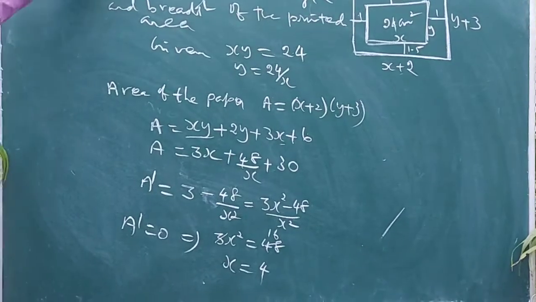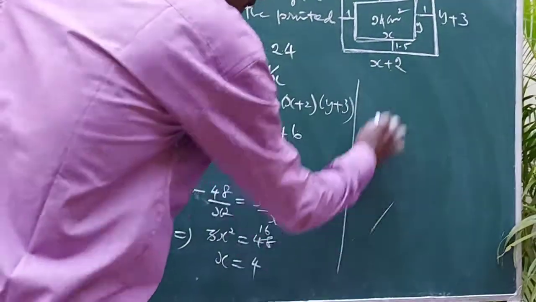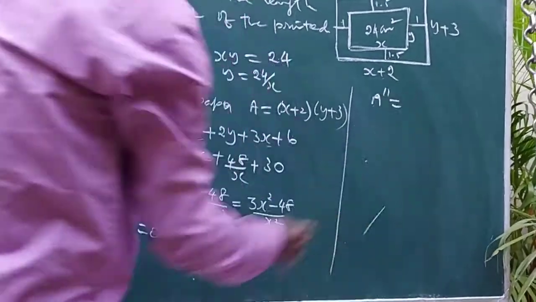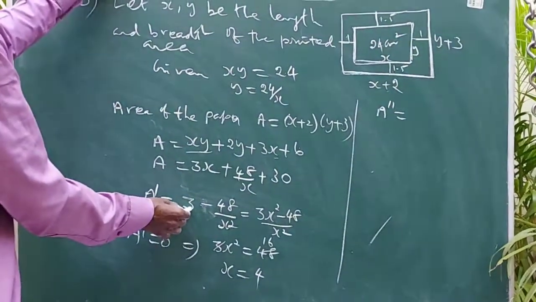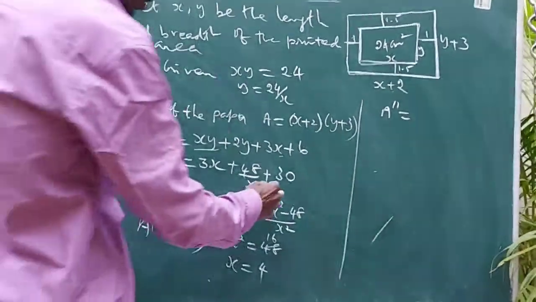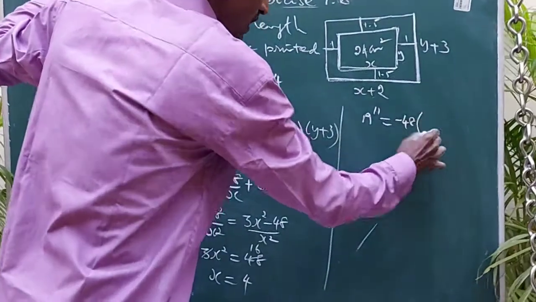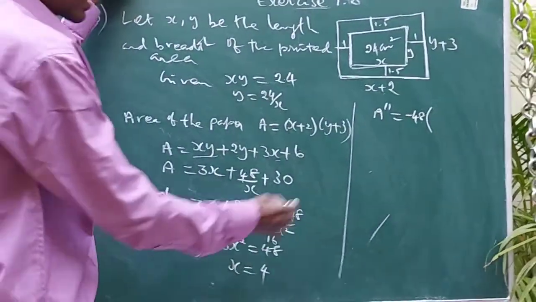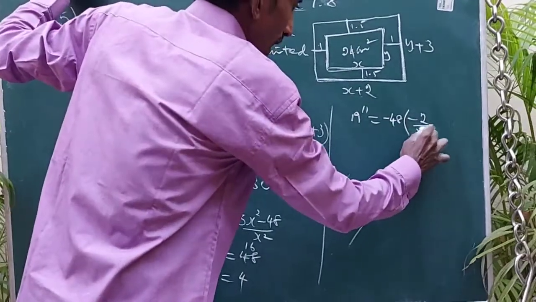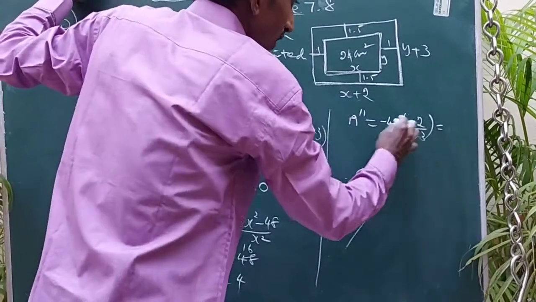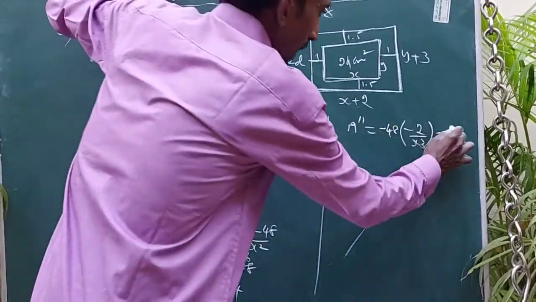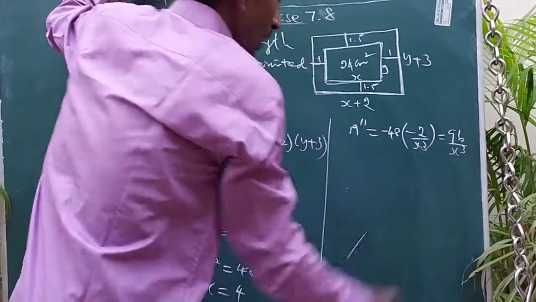So x equal to 4, obviously find out the second derivative, here double dash. Differentiation of 3 is 0 and minus 48 is a constant. Differentiation of 1 by x square is minus 2 by x cube, so it is positive. So 96 by x cube.